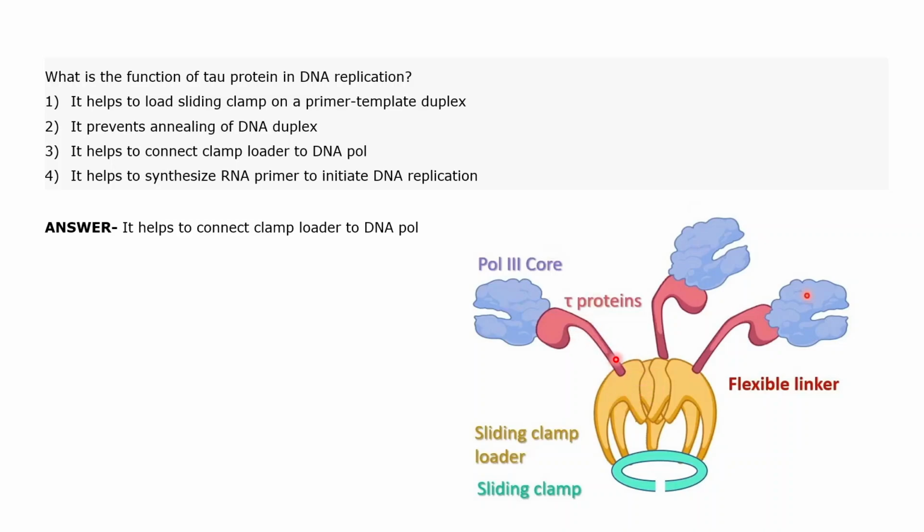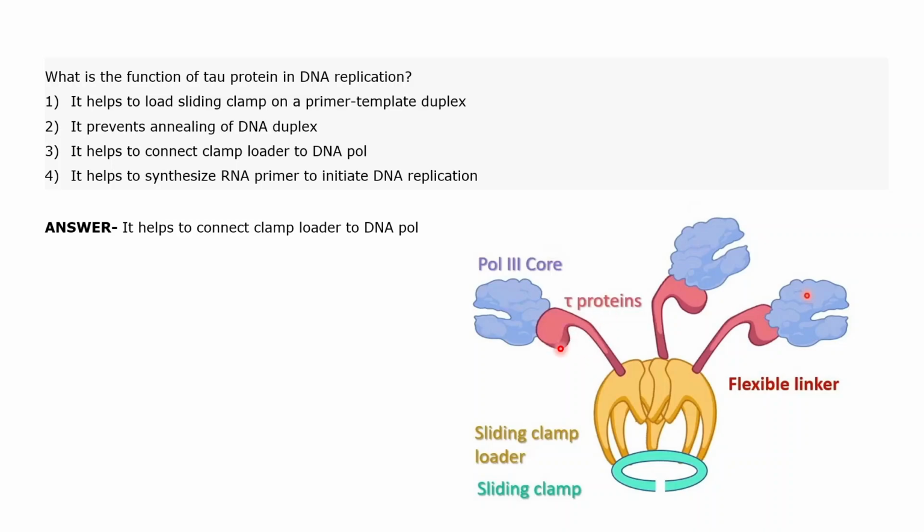As you can see from the structure, it is quite long and thin, as well as flexible in nature. Because of the flexibility of this tau protein, the DNA polymerase can help in efficient synthesis of both the lagging as well as the leading strand. It is quite flexible and can move at different angles.